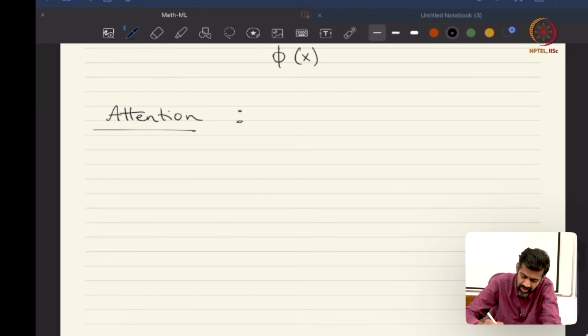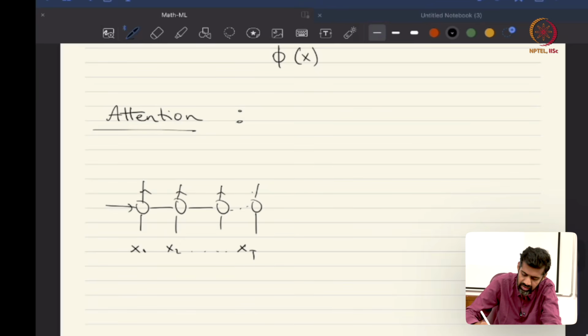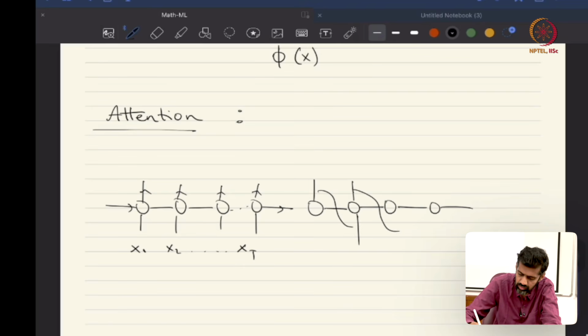So, how did we do that? Suppose we have an input sequence x1, x2 up to xt. We had these recurrent cells, as we call them, RNN cells, and then we tap the output in an autoregressive manner.